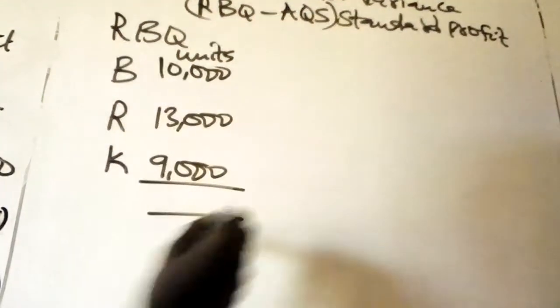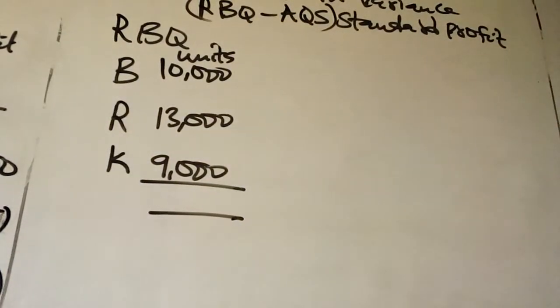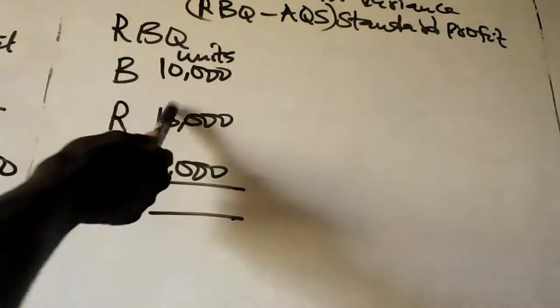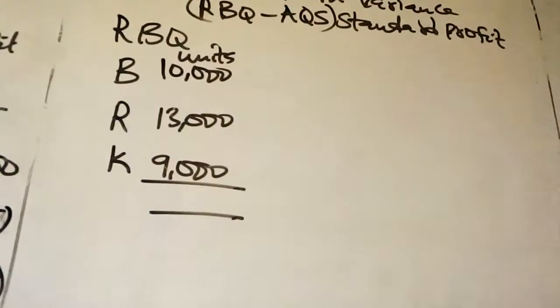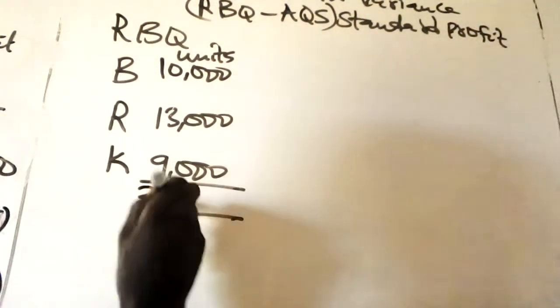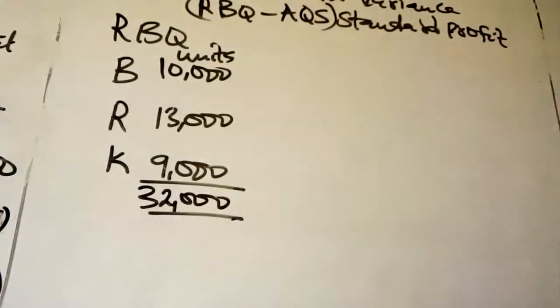When you sum it up, the total will be 32,000 units. That is the total budgeted quantity.